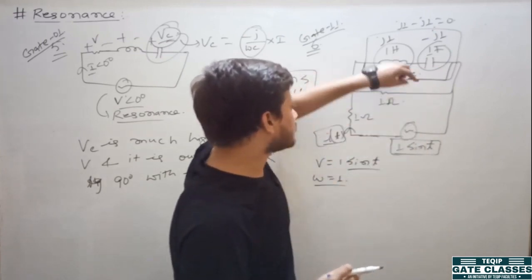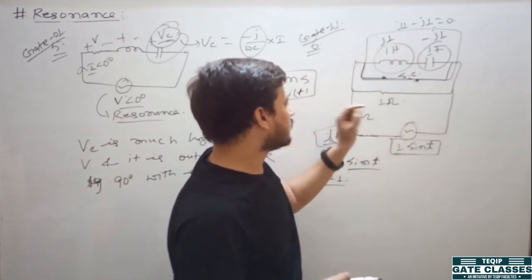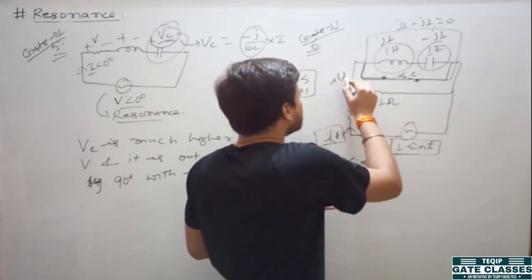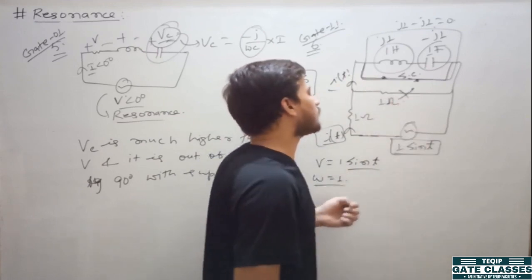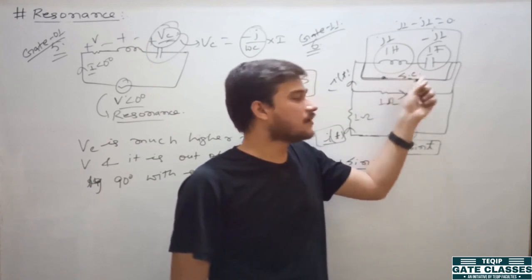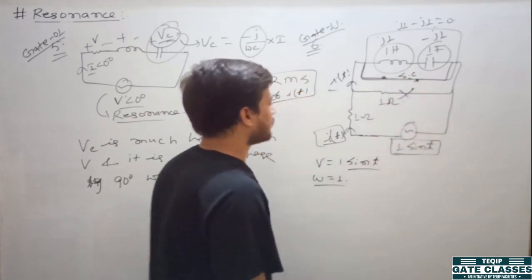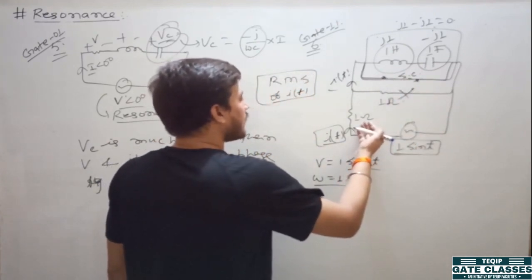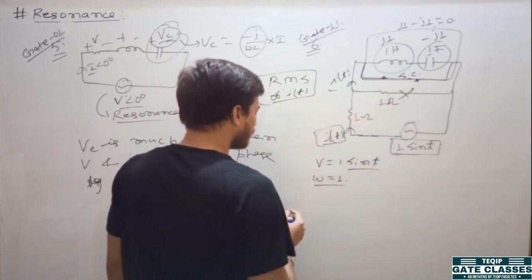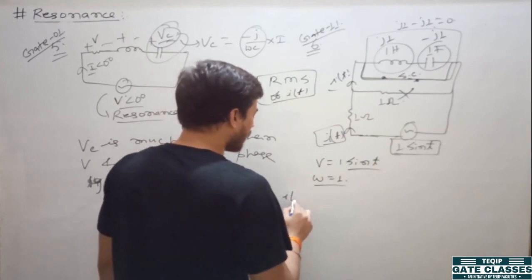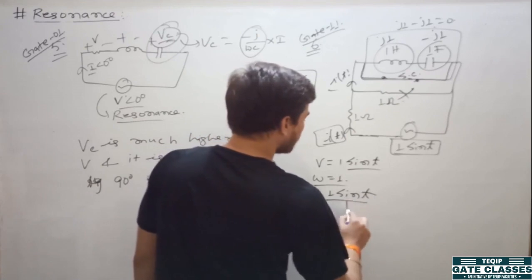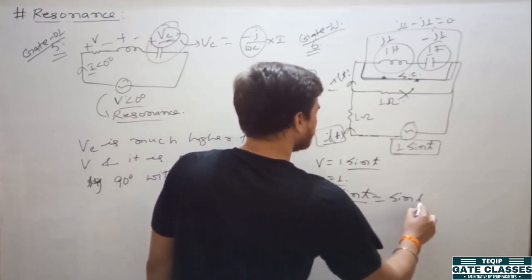So if this is a short circuited branch, then the current IT will directly flow through this one. This current will not flow through this 1 ohm resistor because it is having some resistance and you are already getting a short circuit path. So the expression for current IT will be 1 sin t by 1, so here it is sin t ampere.